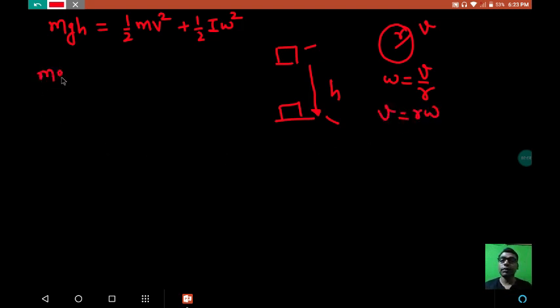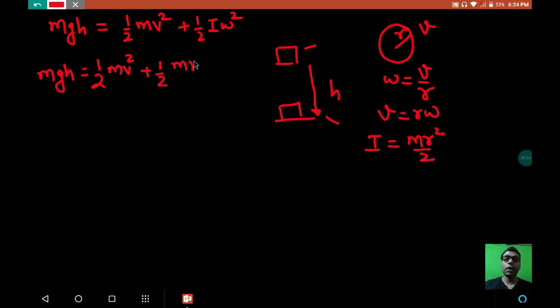Simply putting the values in the equation, we get plus 1 by 2 times the moment of inertia. The moment of inertia for the disk is Mr square by 2. We just put the value Mr square by 2 and it is the omega square.